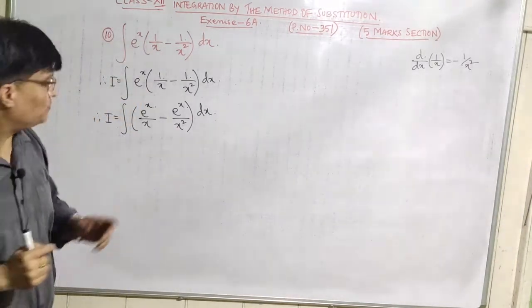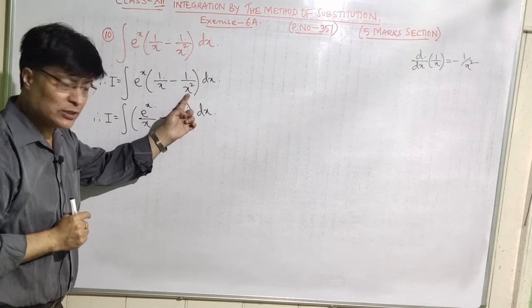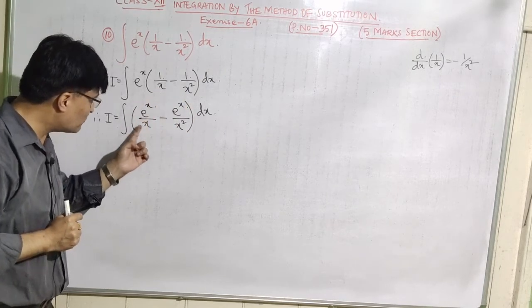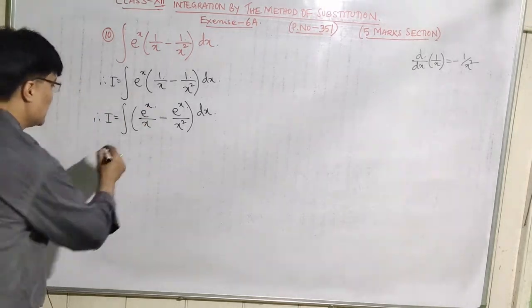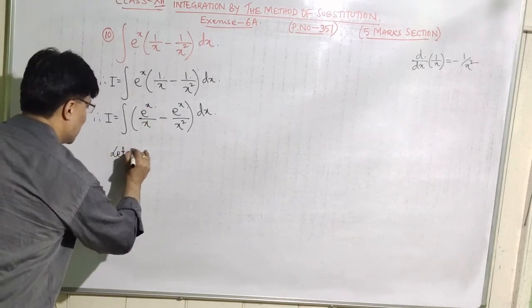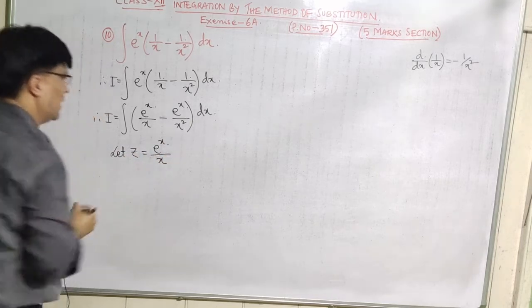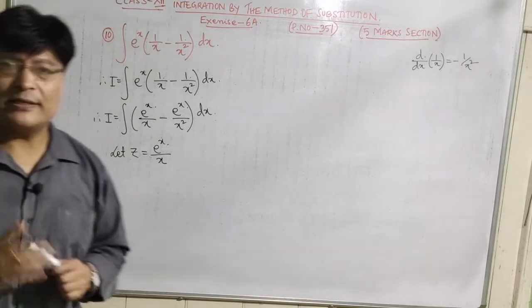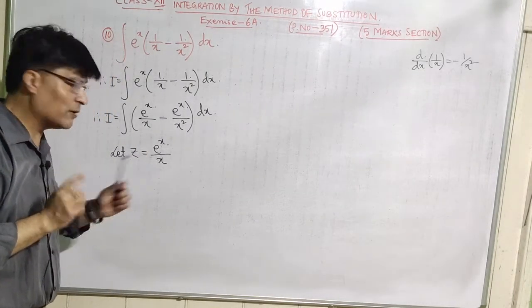So you know that the differentiation of the first function is the second function. So you have to assume this whole first function as z. That is, let z is equal to e to the power x upon x. So I think you have understood it now.